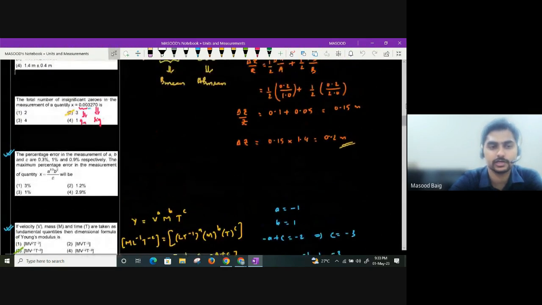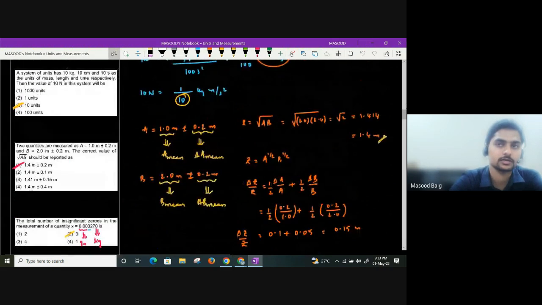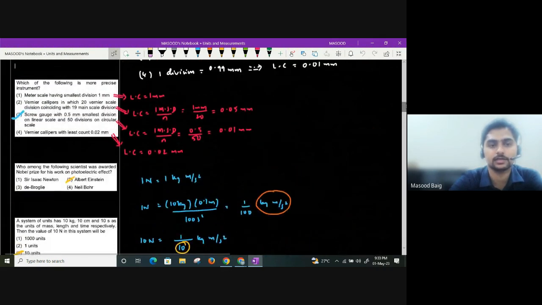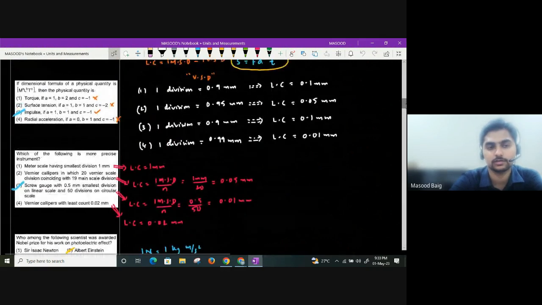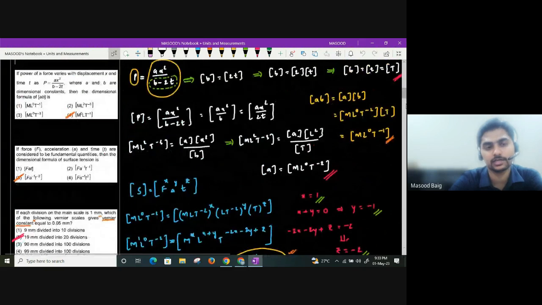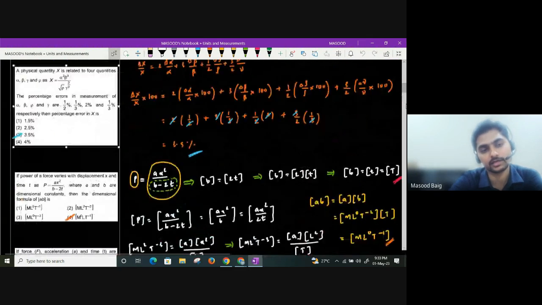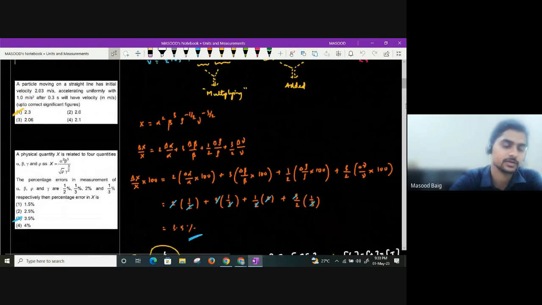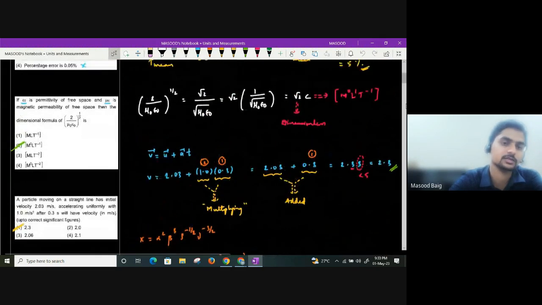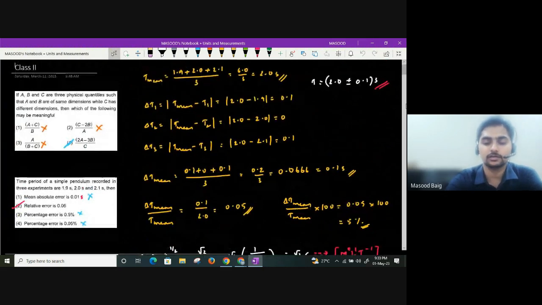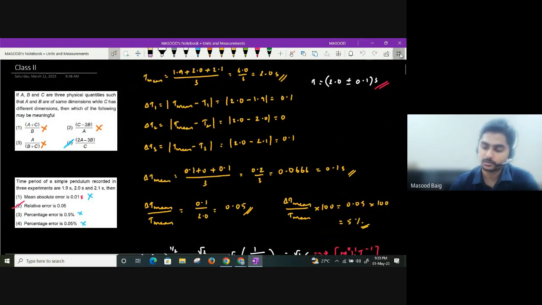If that end is a free end, then you will get it without any phase change. So it will become 20 sine kx minus omega t. If it is getting reflected from a fixed end, then it will be 20 sine kx minus omega t plus pi. Because whenever reflection of a wave takes place at a fixed end, there will be a phase difference of pi. When it is taking place at a free end, there will not be any phase difference.